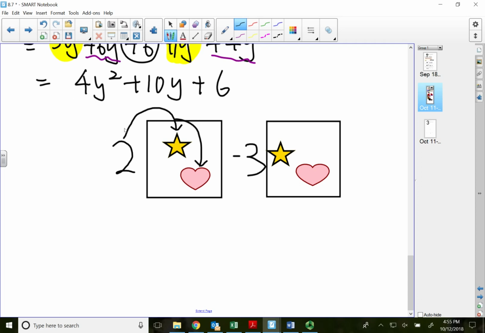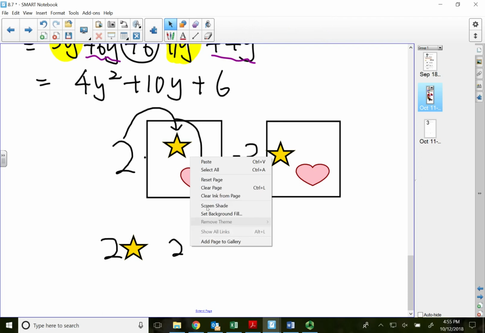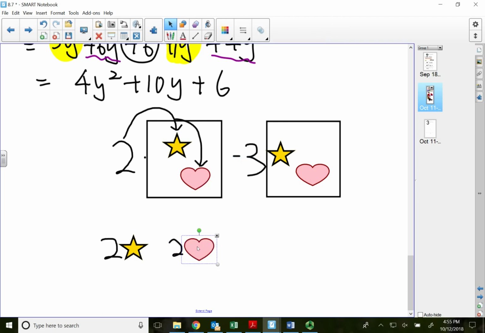So if you take 2 times the star, you get 2 of those stars. And then 2 times the heart, that means I got 2 of those hearts. You know what, let's copy this. Normally the whole idea is bring these terms to the outside of the box.